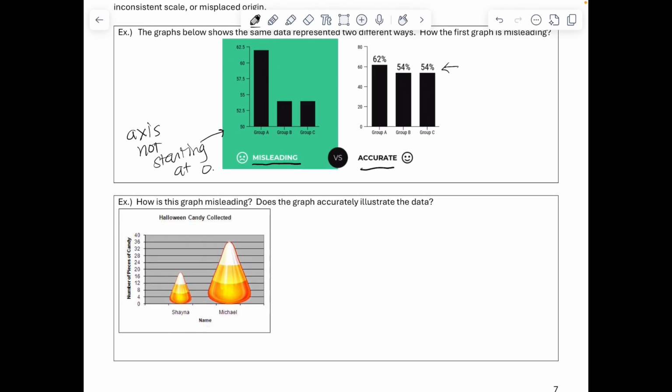The last example here says, how is the graph misleading? Does the graph accurately illustrate the data? And so if you notice it, it says Michael, it looks like, has a lot more than the other student. And so with this is because Michael has twice, if you look at how tall those candy corns are, so twice as much candy.